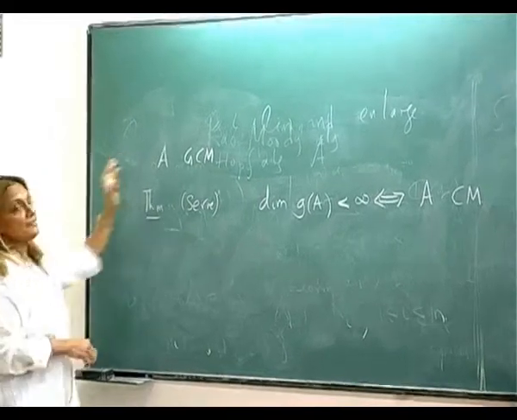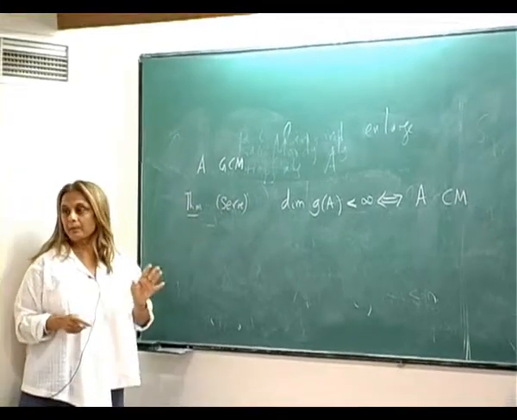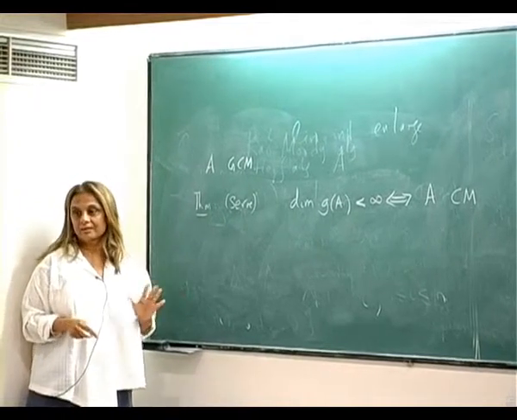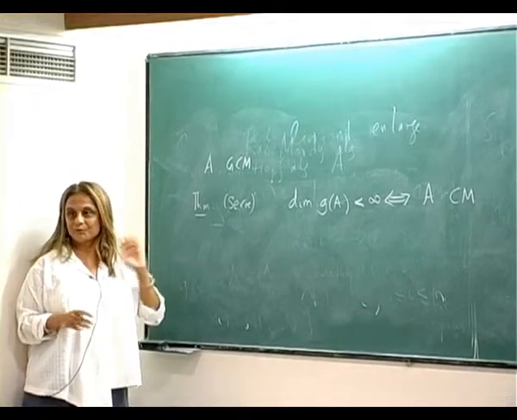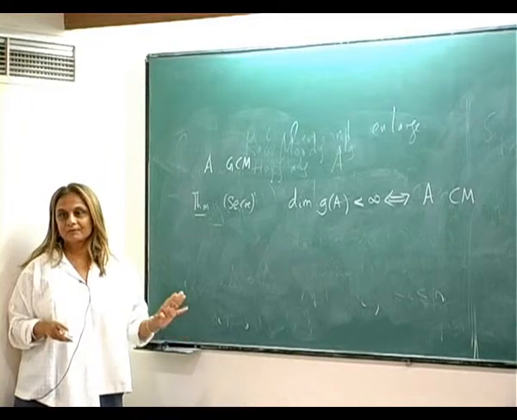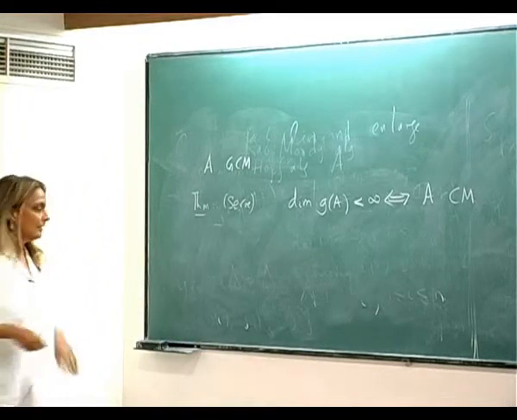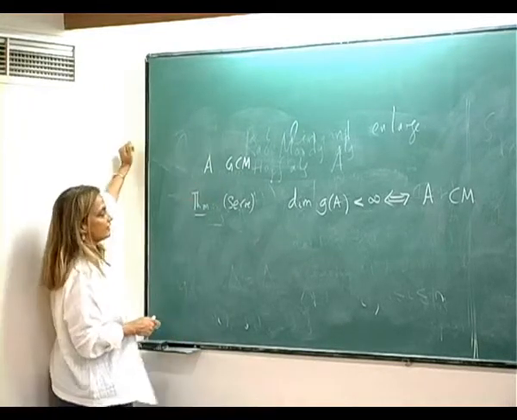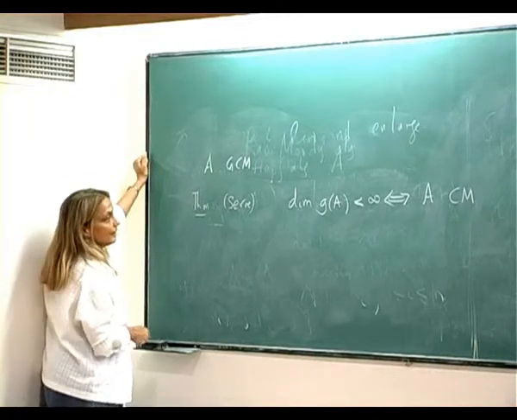To make my life simpler, I'm going to say simple when I mean a Cartan matrix, and when I say a Kac-Moody algebra, I'm going to mean that it's infinite dimensional.